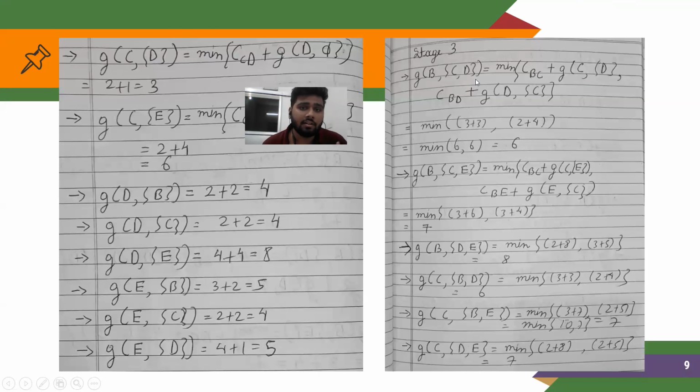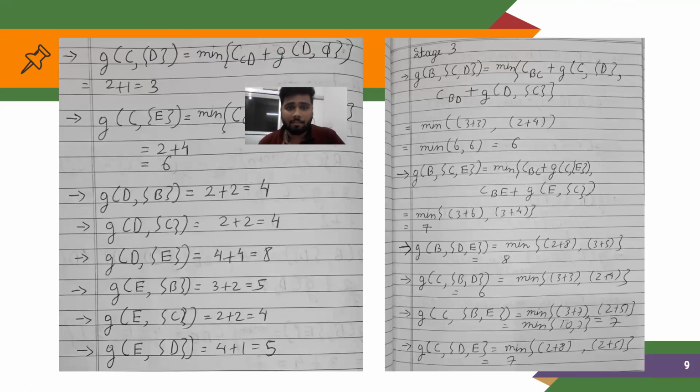So let me recall. For the first stage, we are making the combination of a vertex with the empty set. For stage 2, we are making combinations with only one element, and for stage 3 we are making the combination with two elements.